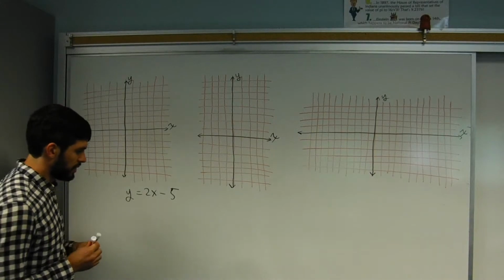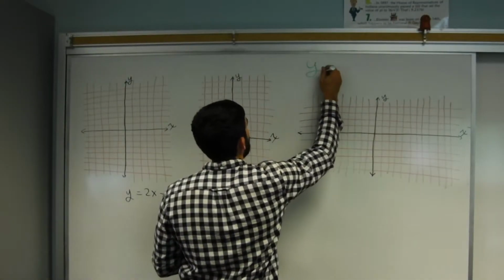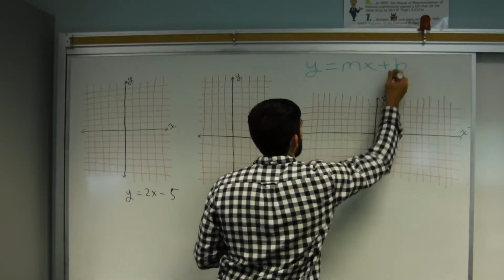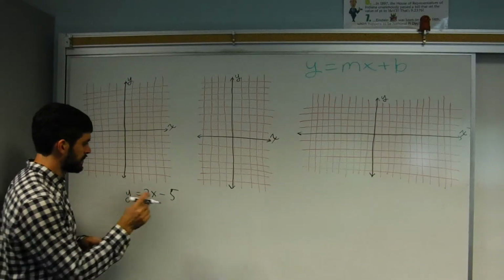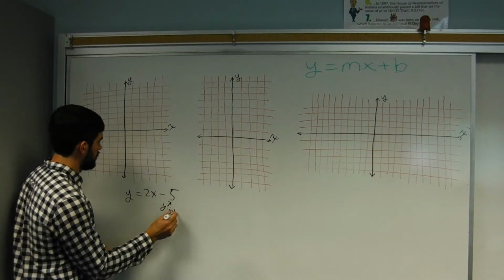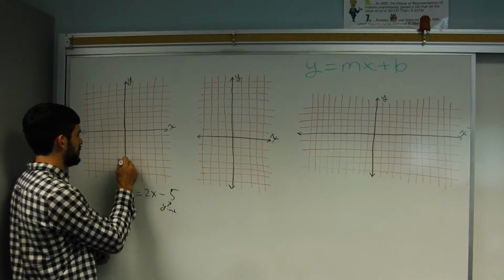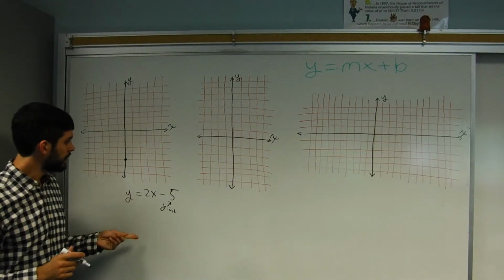So I'll write again, big letters, y is equal to mx plus b. Once again, our y-intercept is b. So our y-intercept is going to be -5. 1, 2, 3, 4, 5. Dot there. So we have 1 point.